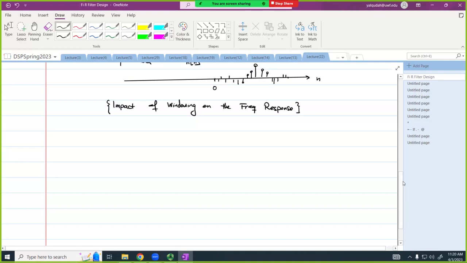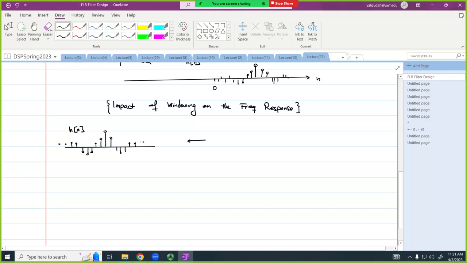What happens when we window the impulse response? Let's take an impulse response that is infinite and see what's going to happen to it. So starting with h of n.